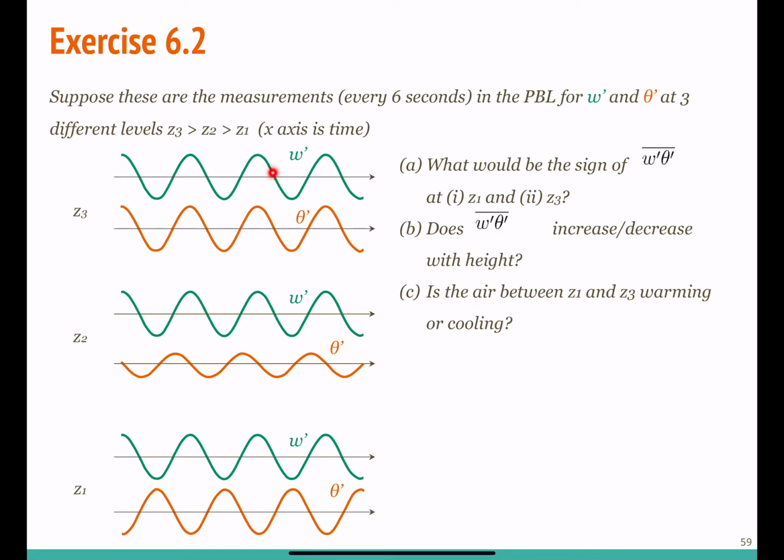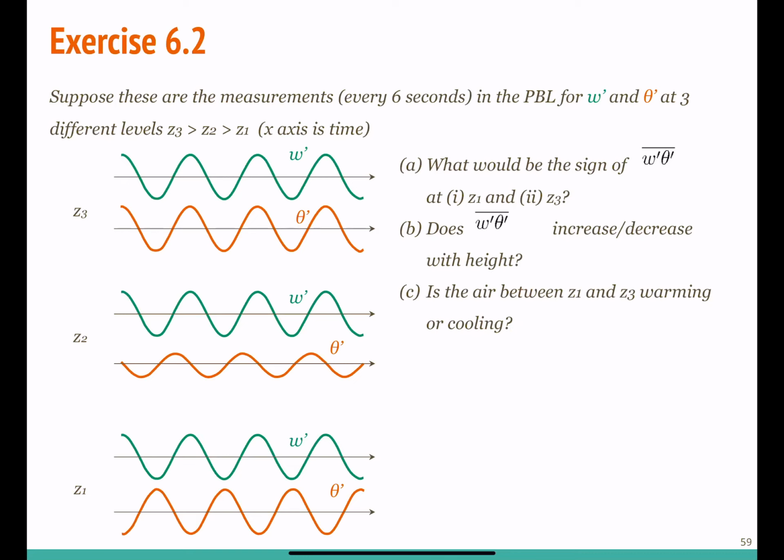What you need to do is make use of the signs showing here. There are no values, right? The signs showing here will help you find out the situation for the heat flux. And then you will know if the heat flux is increasing or decreasing with height. Because you know this, you can find out if the air is warming or cooling.